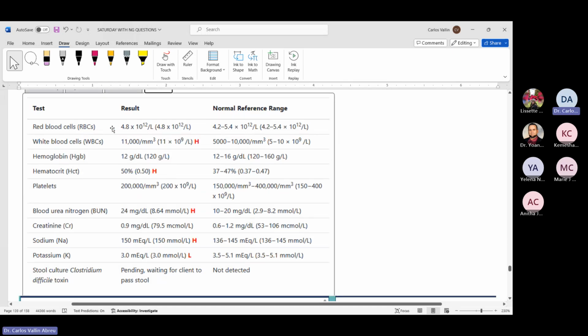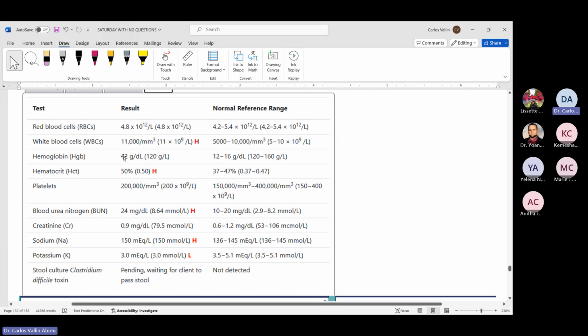Red blood cells 4.8 normal, white blood cells 11,000, slightly elevated. Hemoglobin 12 is in the lower limit, but it's normal. Hematocrit 50. So the hematocrit is much, much higher than expected.